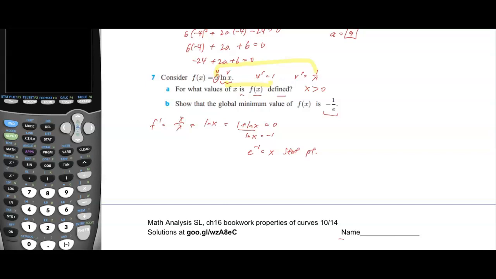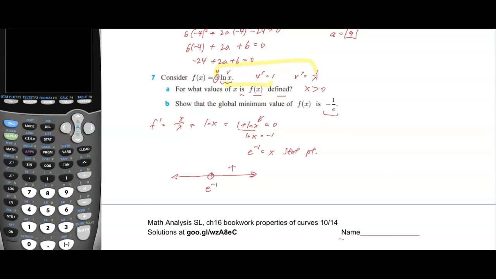Okay. X equals e to the negative 1 would be the stationary point. How do we show that this would be a minimum or a maximum? So let's mark e to the negative 1 on a sign diagram. And if we put a very big positive number here, of course this would be a big positive number.